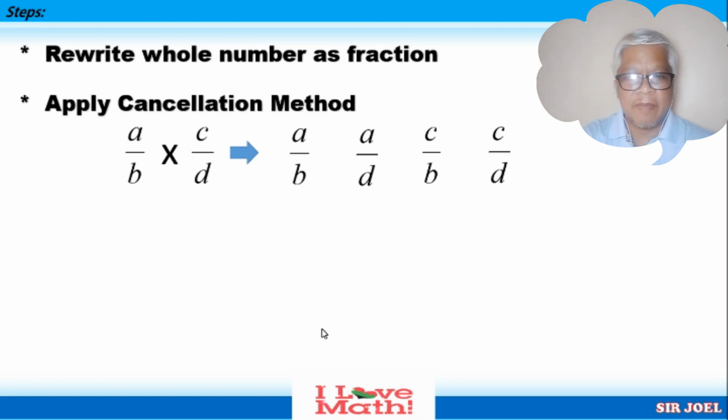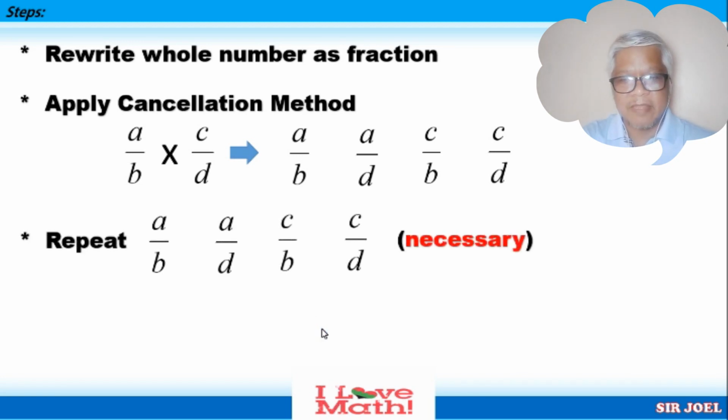At yun ay para mapadali, sabi natin, ang patterns A over B, A over D, C over B, and C over D. So, again, as much as possible, it is necessary na after na makancel, you need to repeat this pattern upang sa gayon ay masiguro ninyong ang inyong na-cancel ay tama lahat.